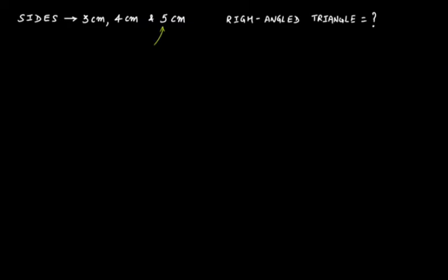Okay, so we know that if this is a right angle triangle, then hypotenuse will be the largest one, therefore 5 cm is a hypotenuse. Okay, hypotenuse. Now let's assume that C is equal to 5 cm, and you will simply allocate it like, let's say this is A and let's say this is B. So in order for these sides to form a right angle triangle, they should satisfy this property, that is A square plus B square is equal to C square.